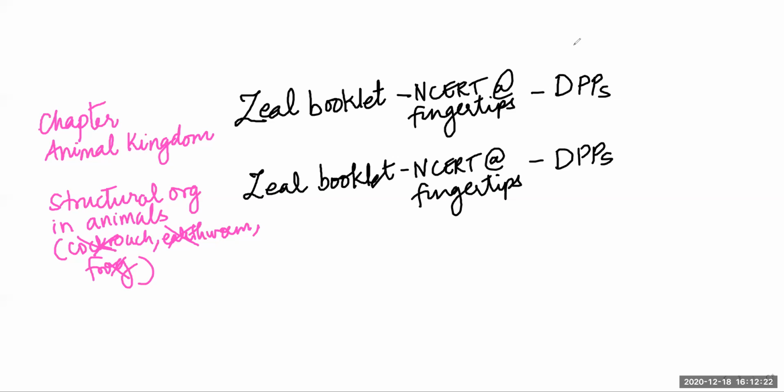In medical you have been given Daily Practice Problems. There is a set of 75 DPPs, the number is written on top of each one. There are 70 bio DPPs. If you have not got the DPPs, please connect with your administrative staff. If you have not got them, that means it is your issue, because I think it has been distributed. At least 5-6 times I have asked whether you got this or not. This is given by the Zeal team to you.